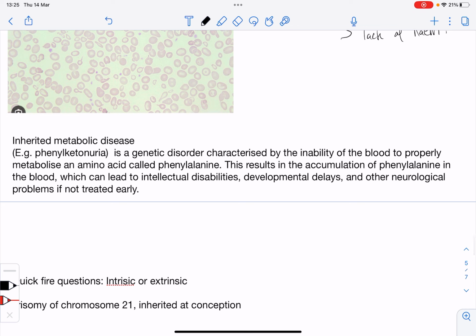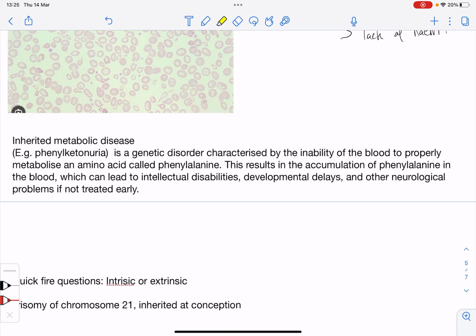Okay. Inherited metabolic disease. Example: phenylketonuria is a genetic disorder characterized by the inability of the body to properly metabolize an amino acid called phenylalanine. This results in the accumulation of phenylalanine in the blood, which can lead to intellectual disabilities, developmental delays, and other neurological problems if not treated early.